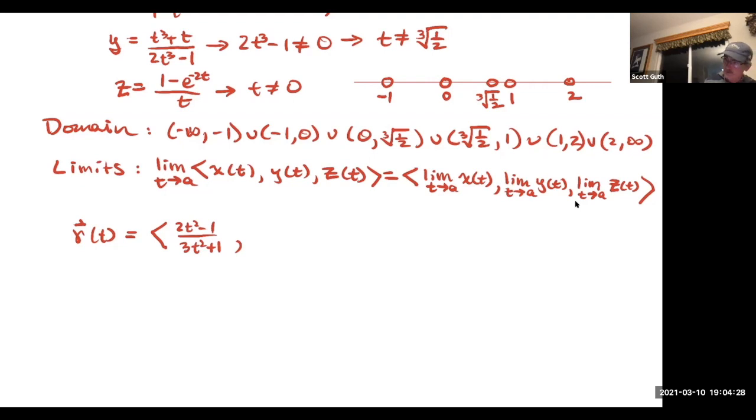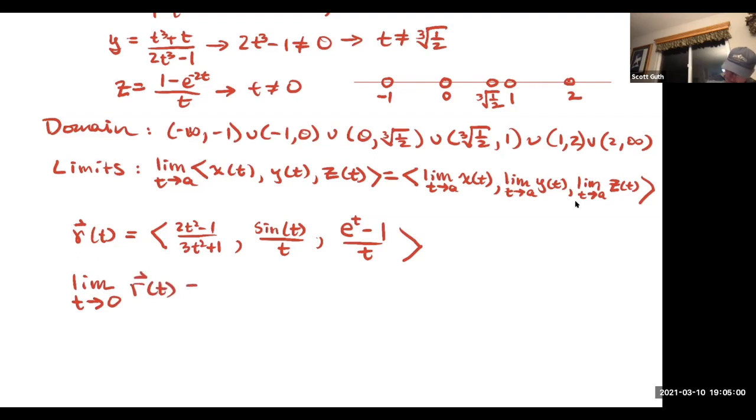Nah, let's do sine of t over t. And let's do e to the t minus 1 over t. Okay, and so we're taking the limit as t goes to 0. I changed my mind about infinity, we'll go to 0, of r of t. And we're just taking limits of each component.